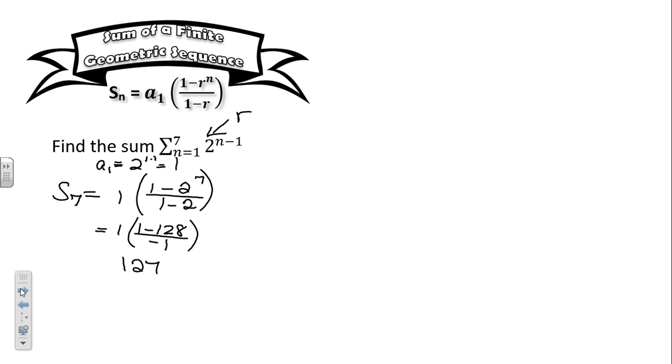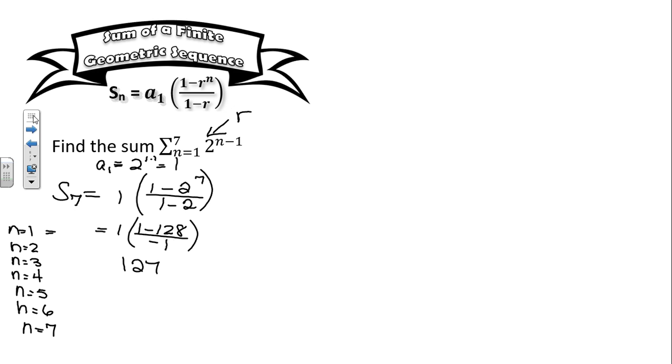Okay. Now let's verify that that formula worked. Let's think about how this would work. If we let n be 1, that means that we're taking 2 to the 0, right? So if n is 1, 2 to the 0 is 1.